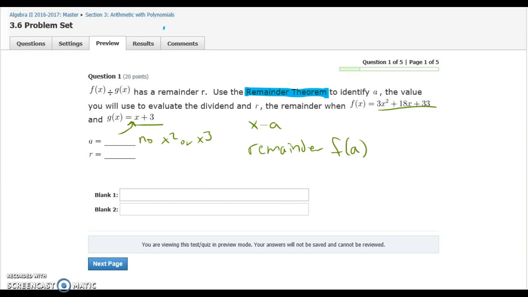Or in other words, this polynomial evaluated when a is plugged in.